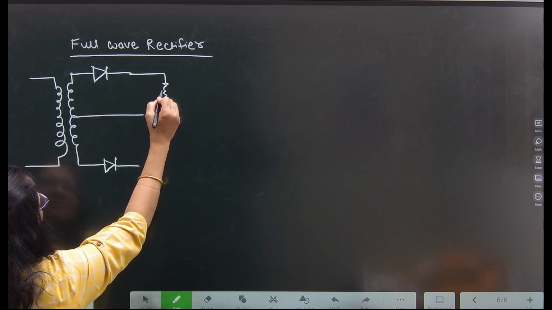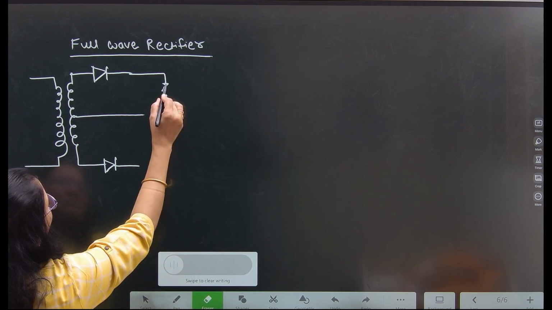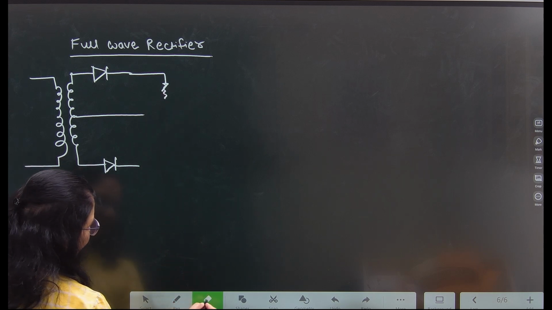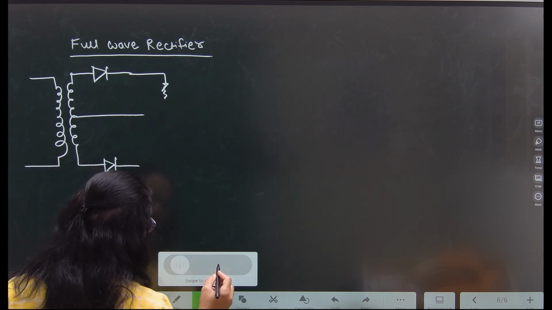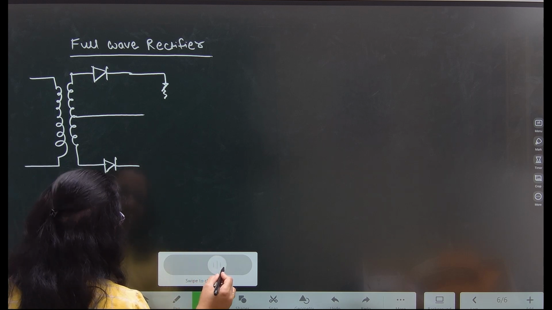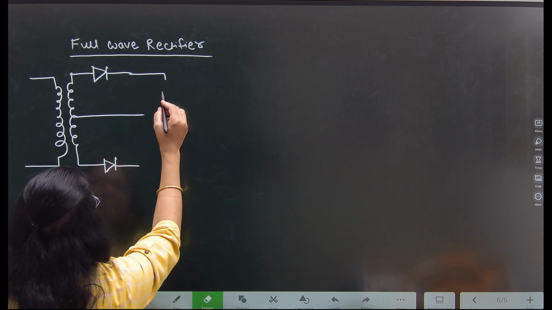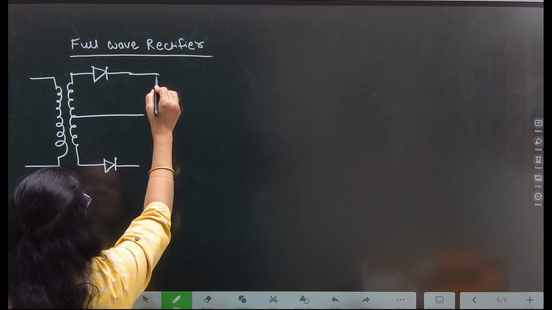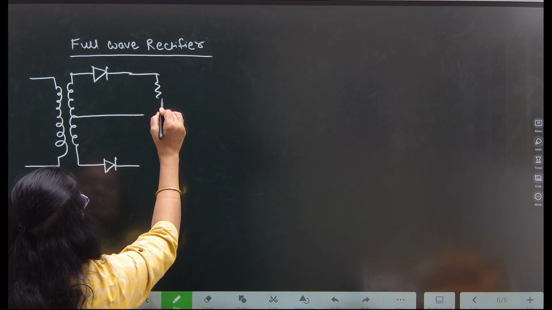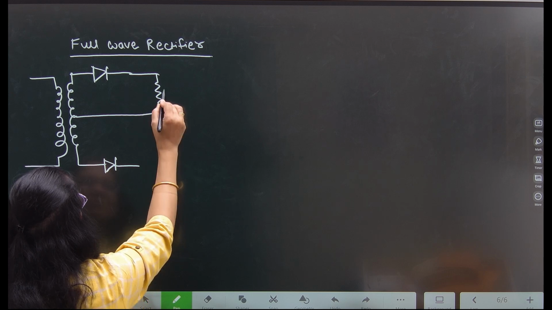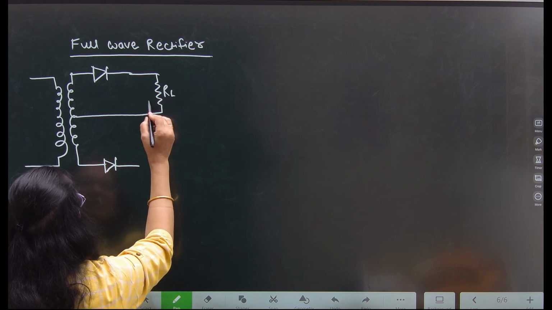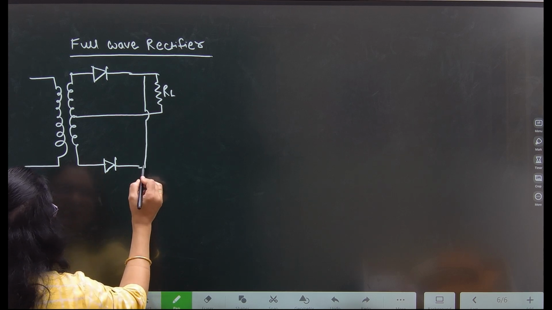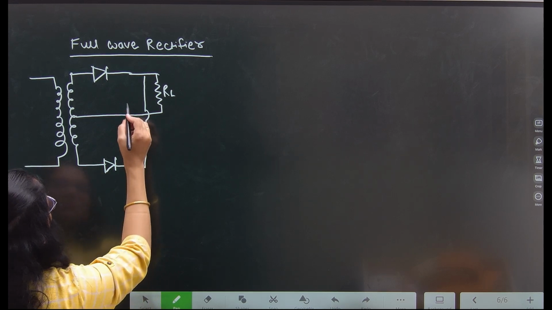Load resistor RL, and here we show no connection between the two wires.